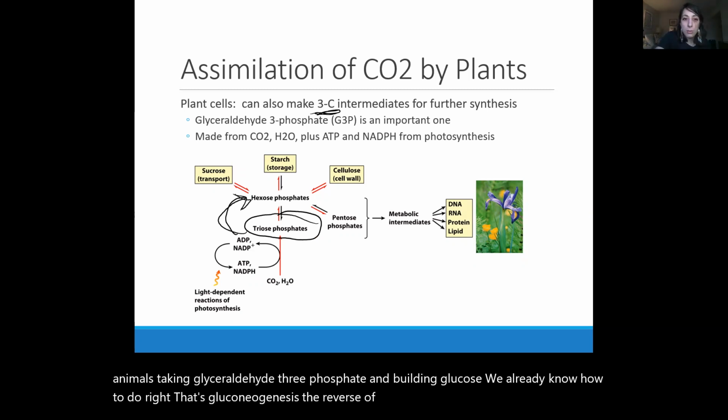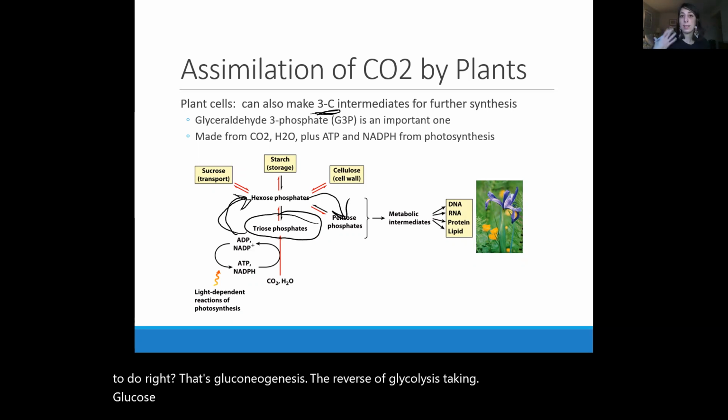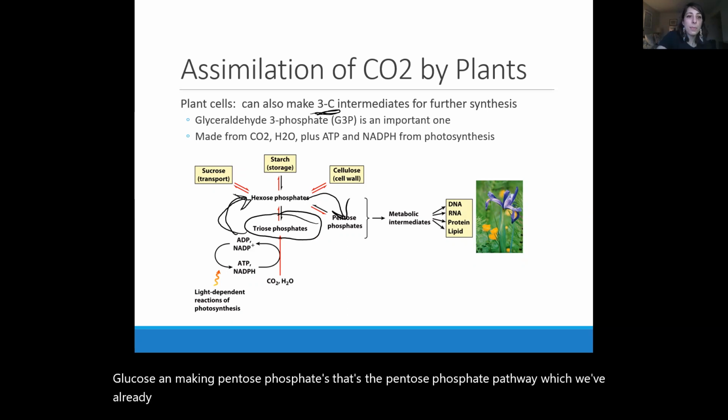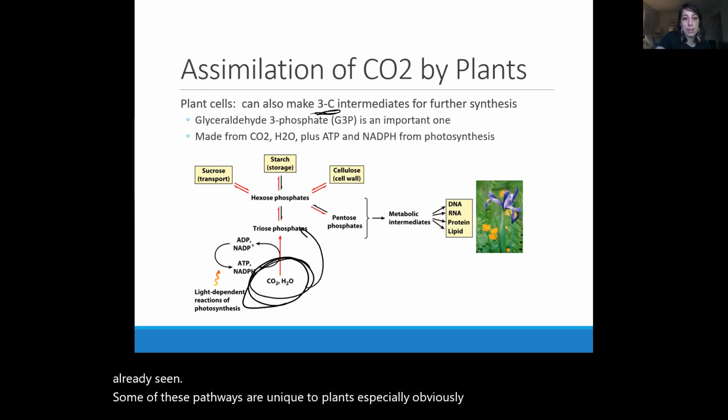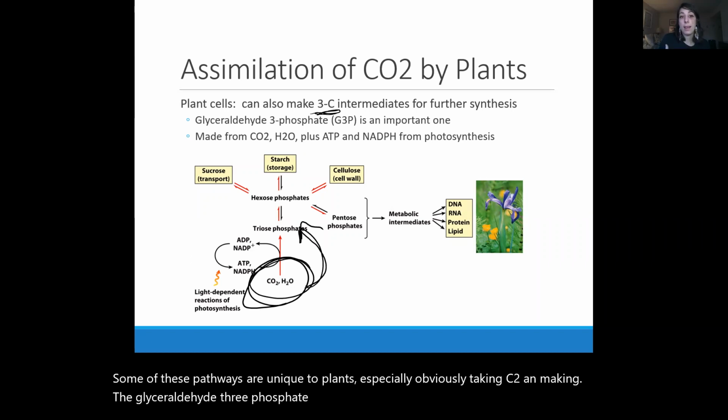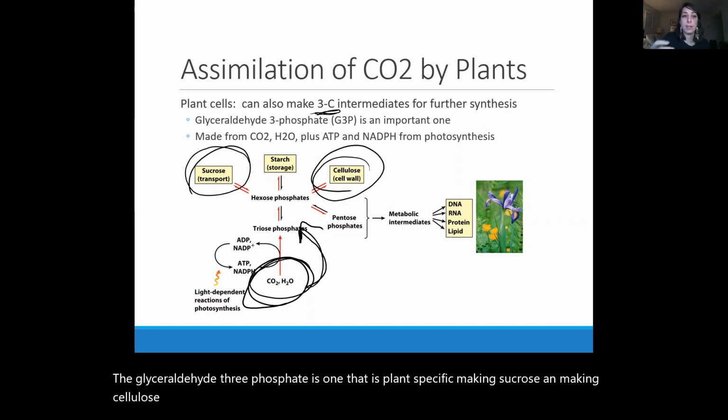Taking glucose and making pentose phosphates, that's the pentose phosphate pathway, which we've already seen. Some of these pathways are unique to plants, especially obviously taking CO2 and making the glyceraldehyde 3 phosphate is one that is plant specific. Making sucrose and making cellulose are also plant specific.